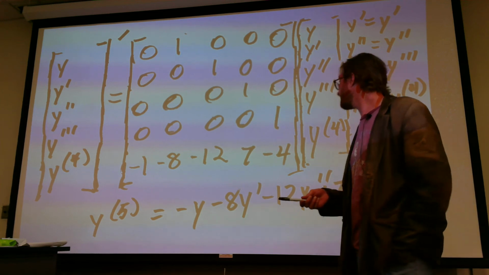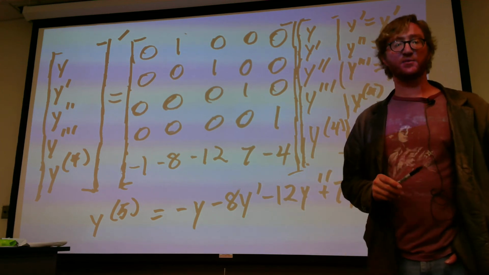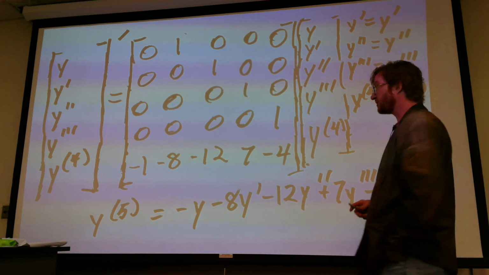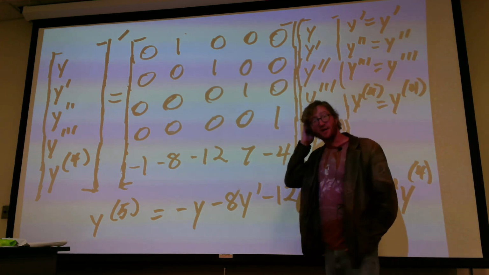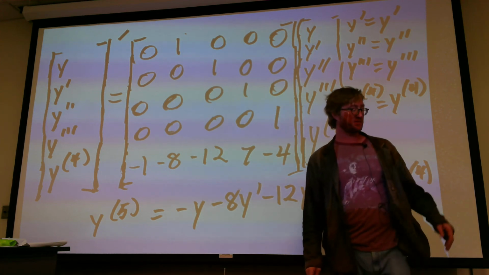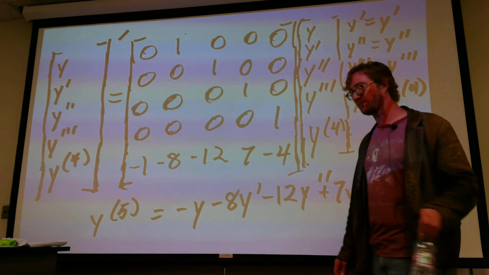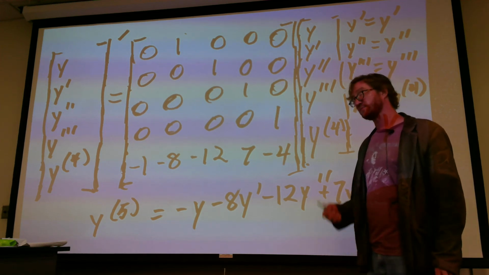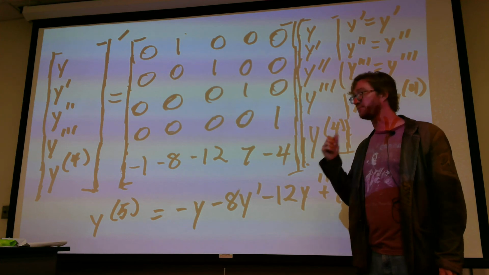They're going to be the roots of the auxiliary equation. So this is actually one way to handle a polynomial of very large degree that you don't know how to solve for its roots: turn it into this and tell the computer to do it for you.